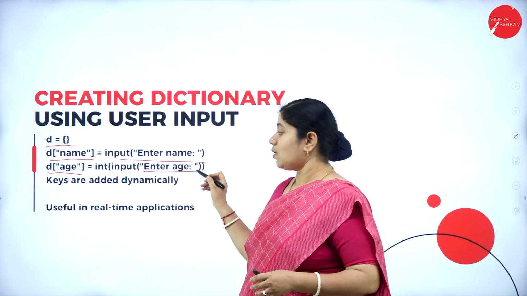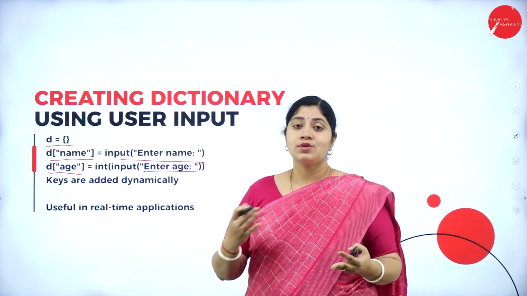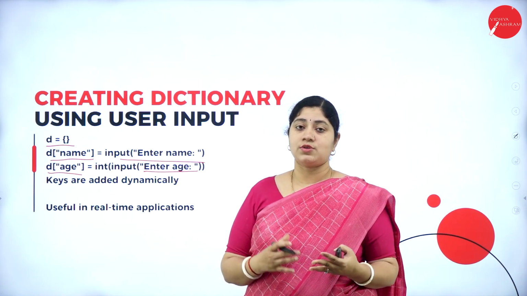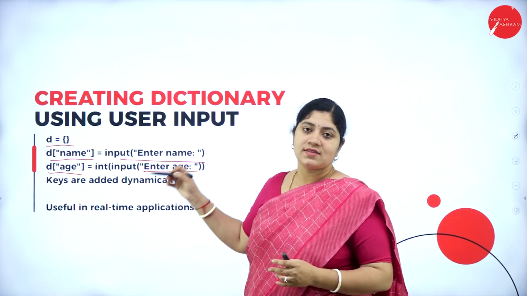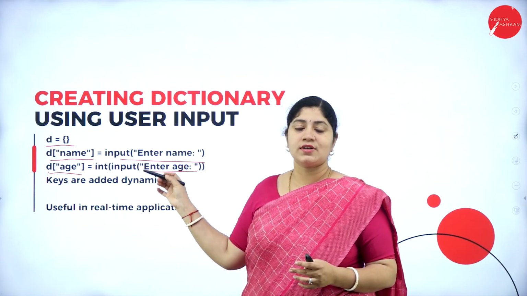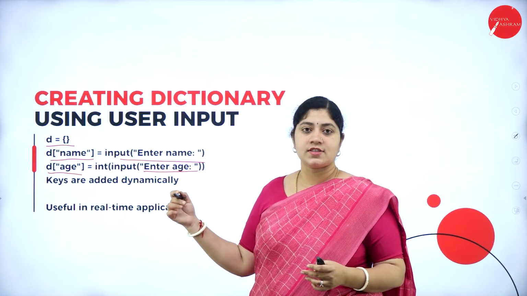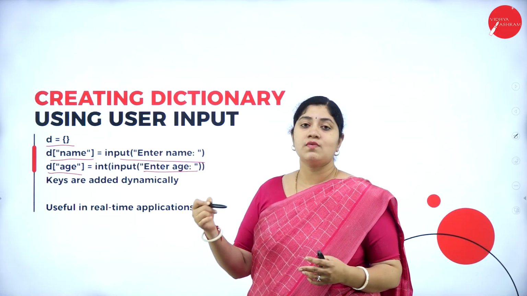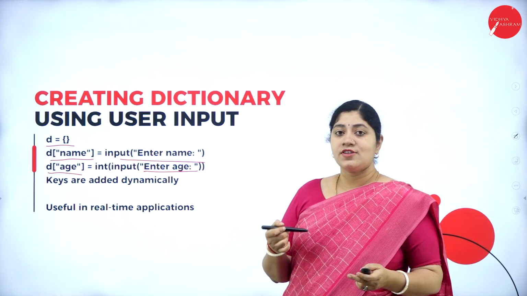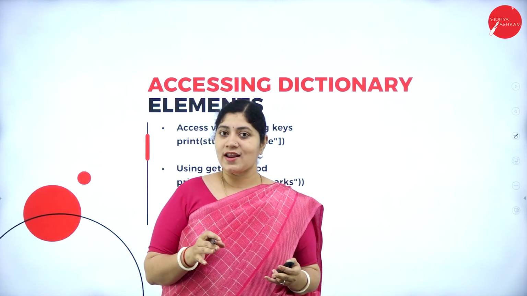So this is how we can give the option to the user to create his own database or his own key value pairs. So that's how a user can create a dictionary. By seeing this, we can understand that this kind of thing will be very, very helpful in real world environments, isn't it?